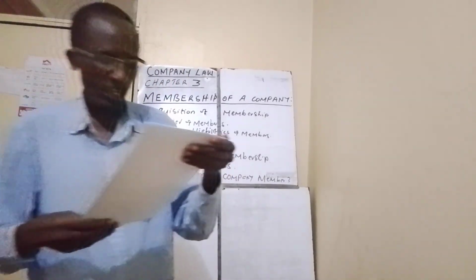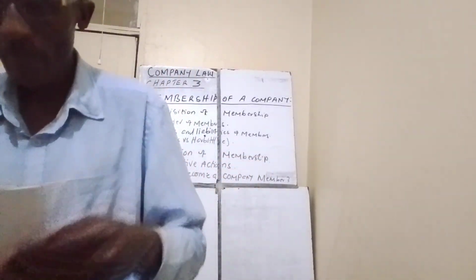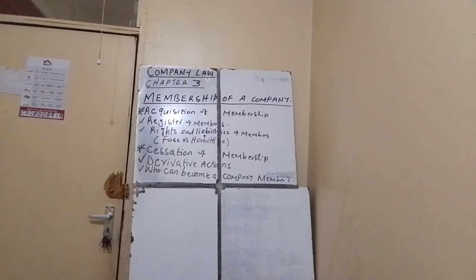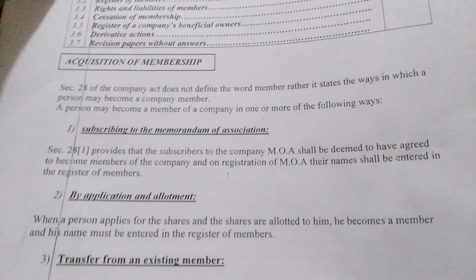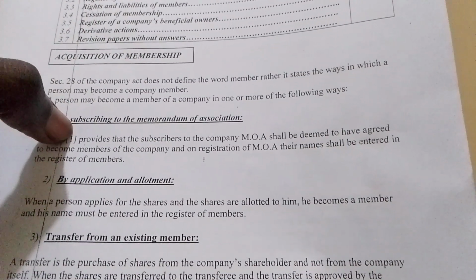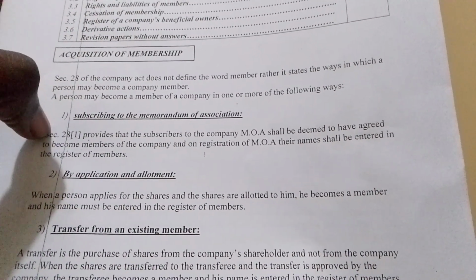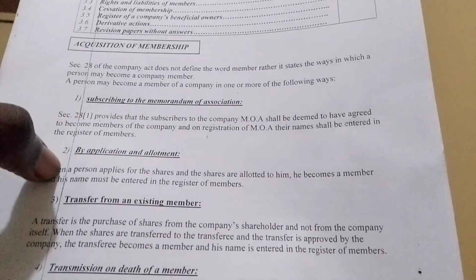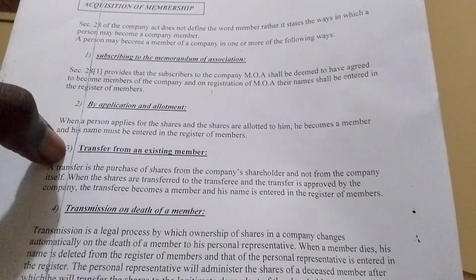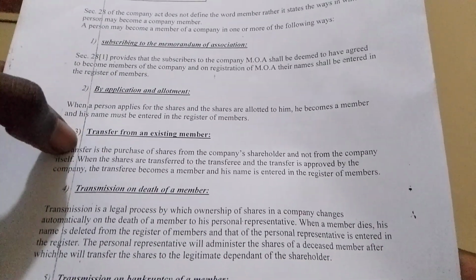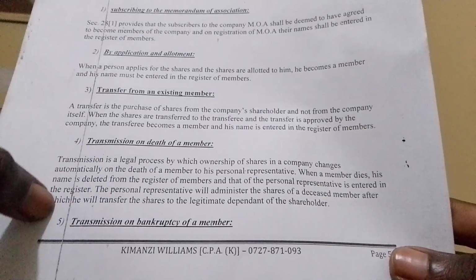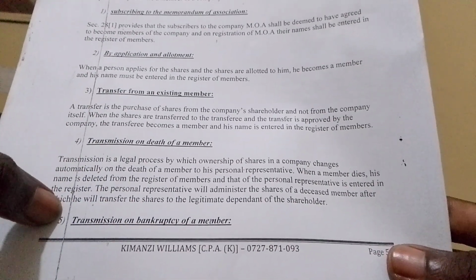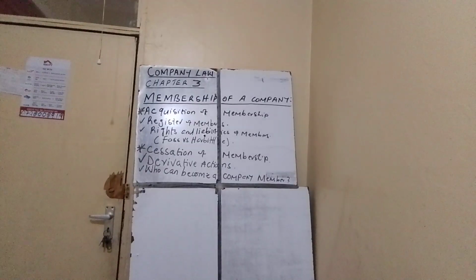How to acquire membership. We discussed those areas, acquisition of membership. A member is a shareholder. Ways of acquiring membership: subscribing to the memorandum of association, by application and allotment, transfer from existing member, transmission on death of a member, transmission on bankruptcy of a member.